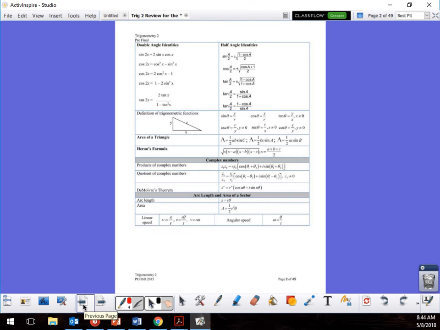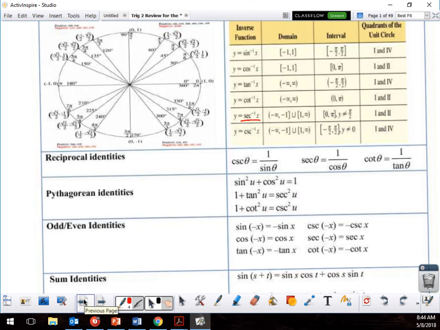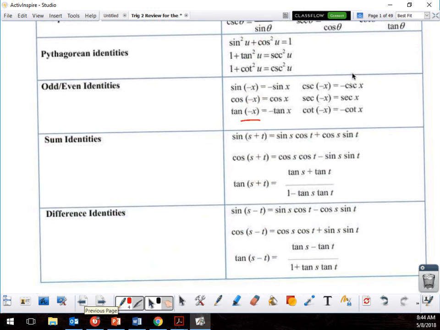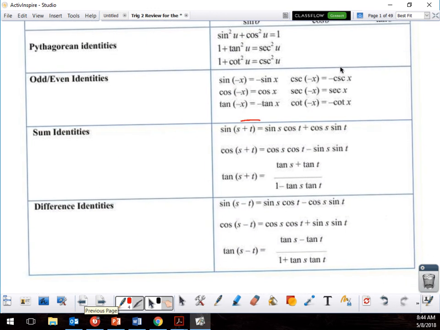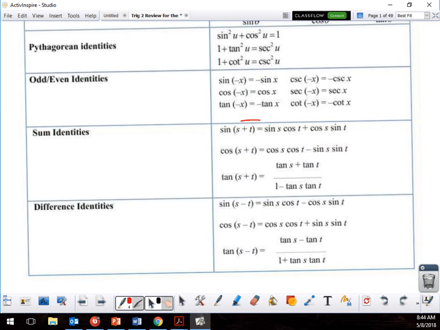This problem, as it reads, was sine, cosine, and then a minus sign. So which one goes sine, cosine, and a minus sign?